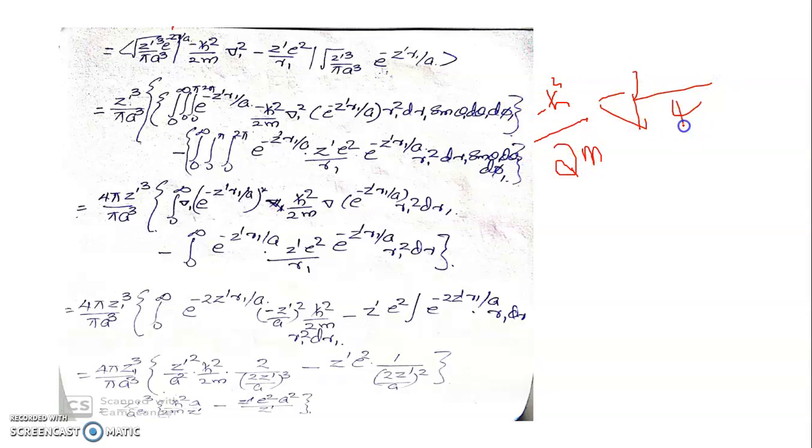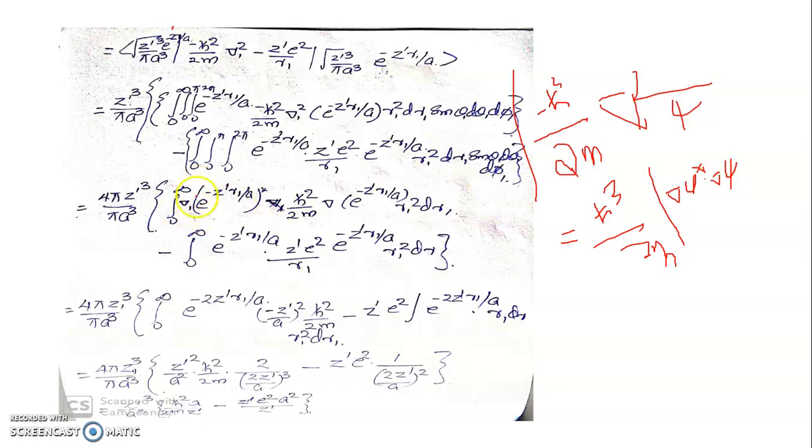Del square psi, integral from 0 to infinity, we have proved as a result to be identical to h bar square by 2m integral 0 to infinity grad psi star dot grad psi. We will be making use of this result here.